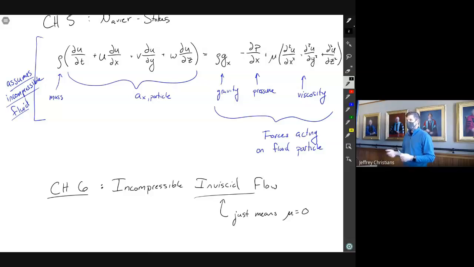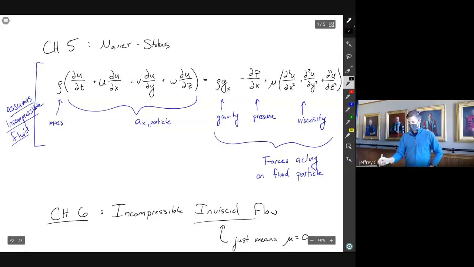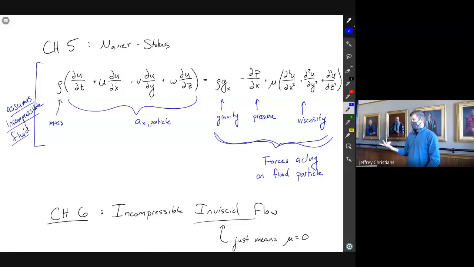Like it's never exactly 0. There is no fluid that has exactly 0 viscosity. But there are lots of things and systems where viscosity, viscous forces, right? If you look at this right-hand side of the equation here, where gravity and pressure are big and viscosity is small relative to those. So there are a lot of real-world situations where that's pretty close.